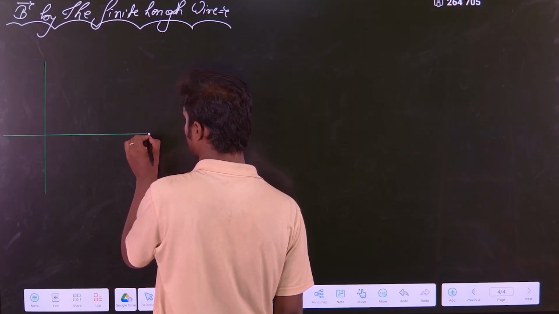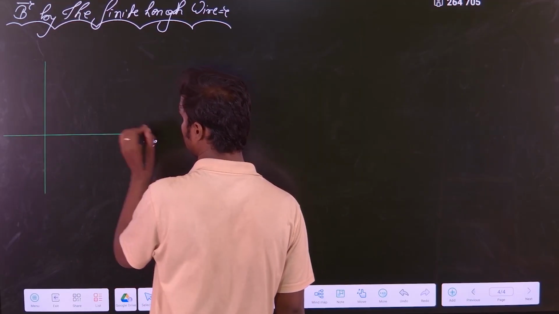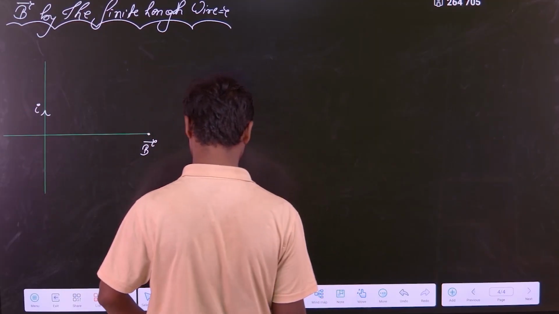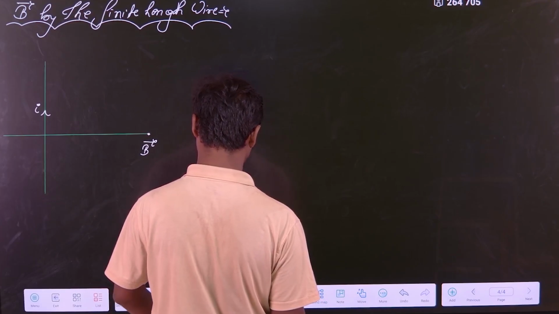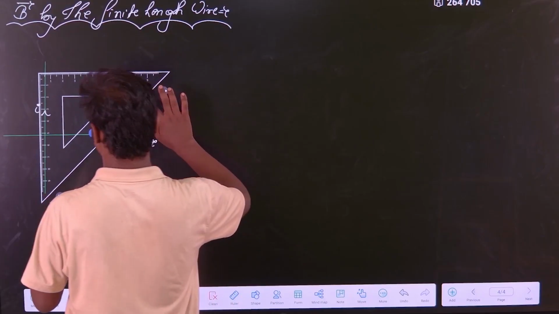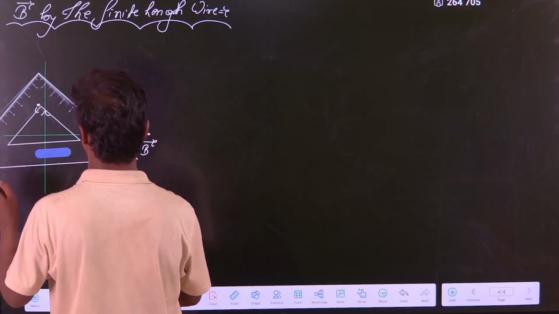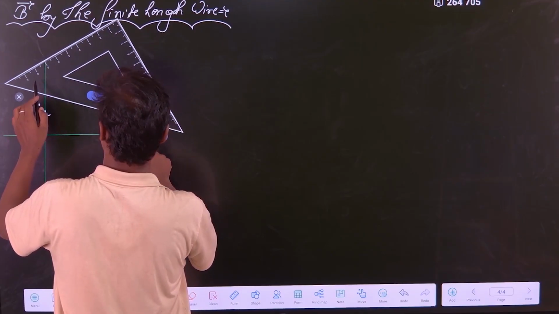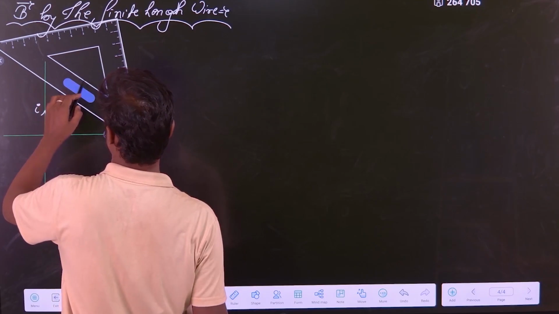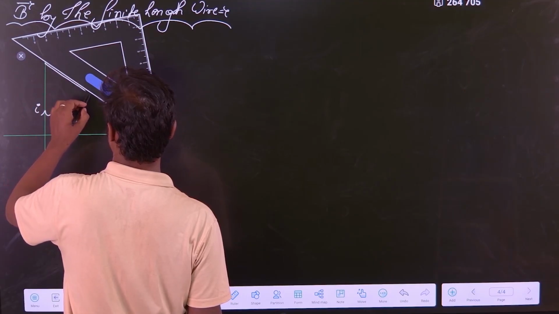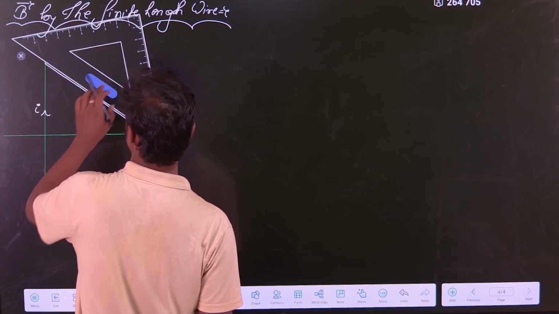Suppose this is my point, and I want to find the magnetic field at this point, and the current I is going like this. What we want to do is calculate the magnetic field. So let us do the calculation.